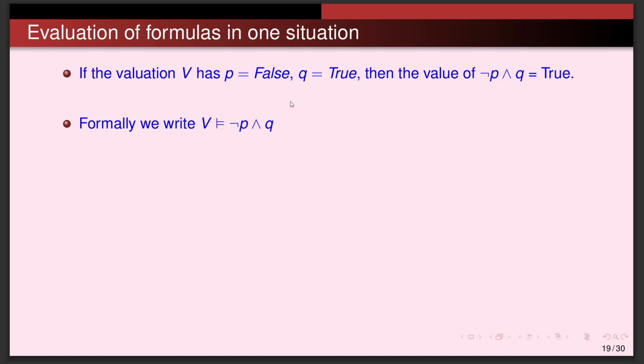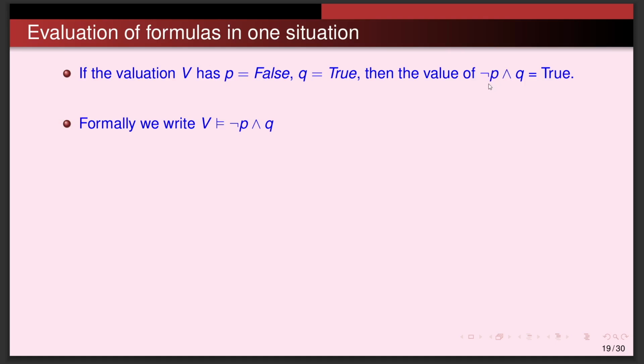This is a quick recap. In the last class, we have seen the evaluation for some of the formulas. Suppose you take this example where p is equal to false, q as true, and then we can identify not p and q is true. If we have a formula for each of the literals, a literal is something that you can take as one single alphabet right here, or one single instance.